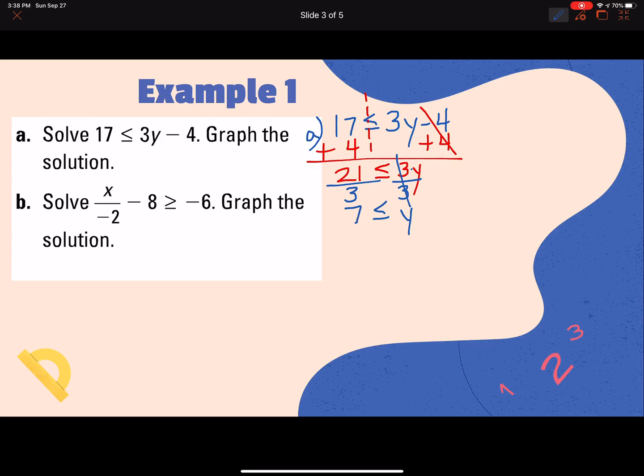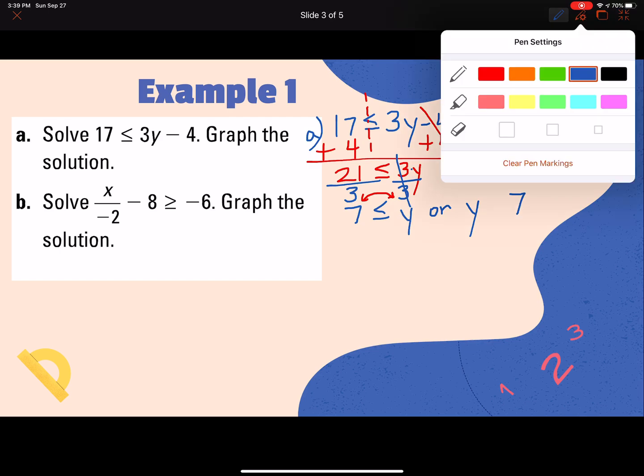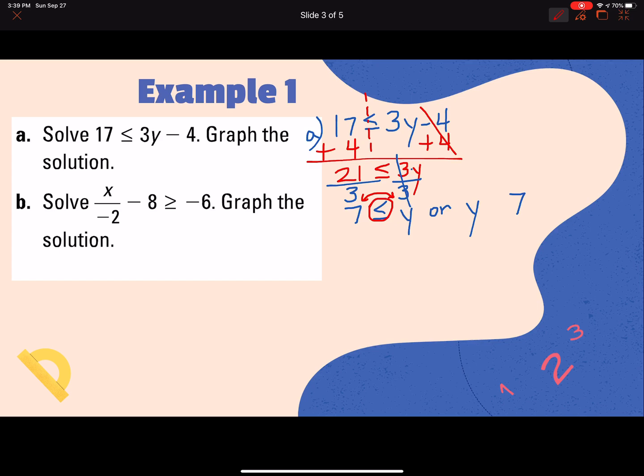Now I have 7 is less than or equal to y, which is the same thing as, remember when we talked about graphing and reversing that variable and value so that we know which direction for sure our line is graphed in. So if I reverse the y and the 7, then I also have to reverse the direction of the inequality symbol.